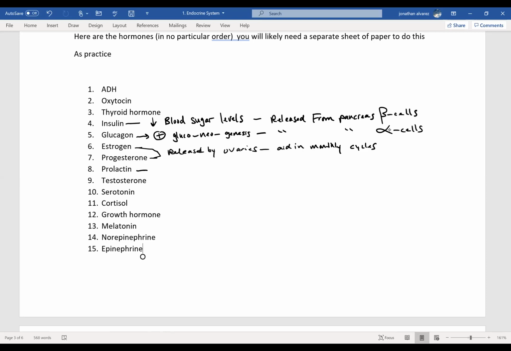We already did prolactin and testosterone. Serotonin is released by the gut and brain, and it's a mood, appetite hormone.